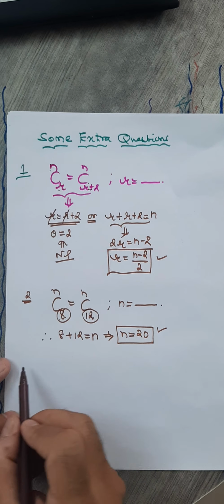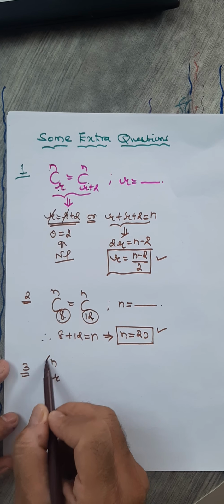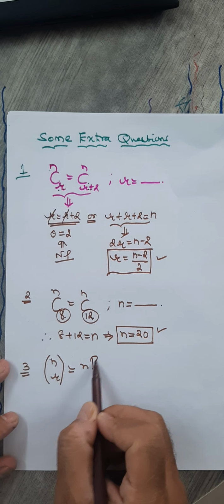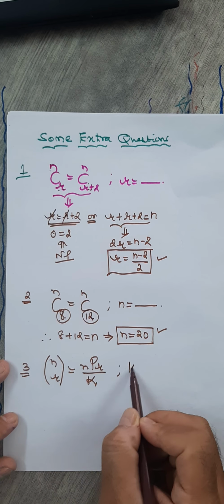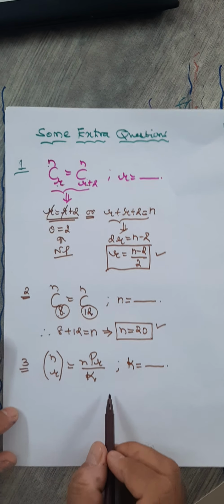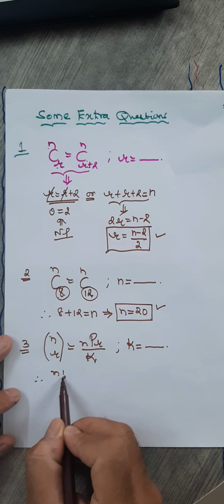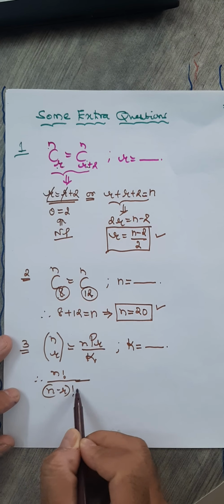The next question, the third question: you are given nCr equals nPr upon k, and the question is to get k. You know this is also a standard notation. What is nCr? n factorial upon (n minus r) factorial into r factorial.